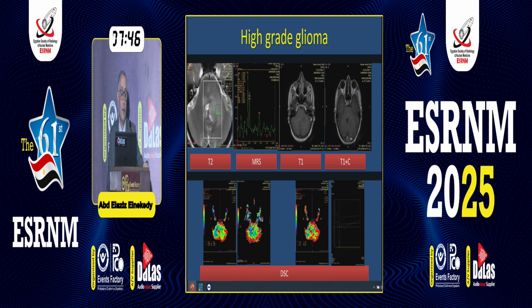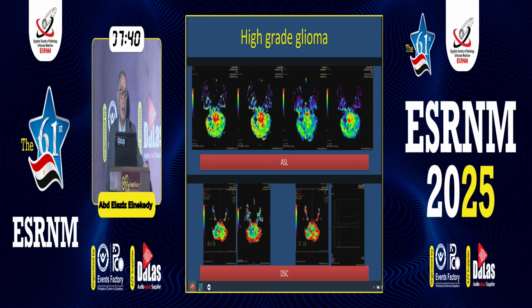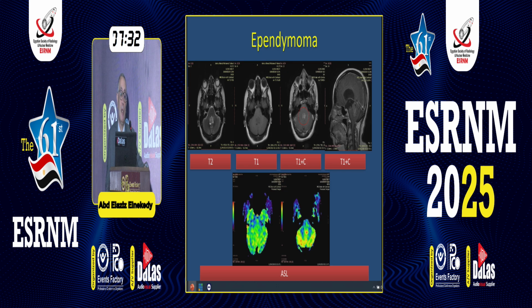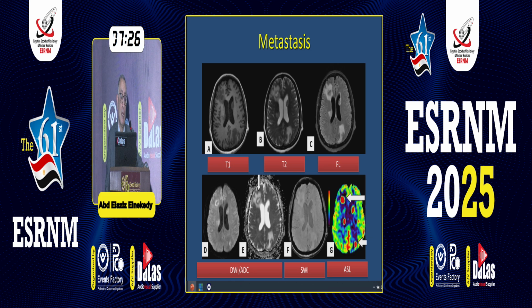The MRS curve is malignant, and the DSC perfusion shows hyperperfusion. And this is the ASL equivalent map showing the red color of hyperperfusion of the lesion. Another case of ependymoma also showing hyperperfusion in ASL, metastases.